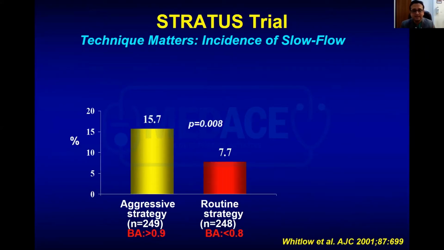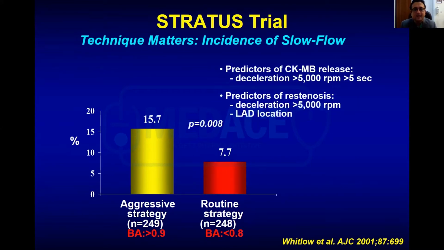So we don't have data, as I said, for everything, but what we know from the data, there was a Stratus trial which compared essentially aggressive burr sizing to regular burr sizing. So in the aggressive burr sizing group, they sized the burr sort of 1:1. This is burr to artery ratio of 0.9, which is sort of 1:1 with the artery ratio. And then compared with the routine strategy where burr to artery ratio was less than 0.8.